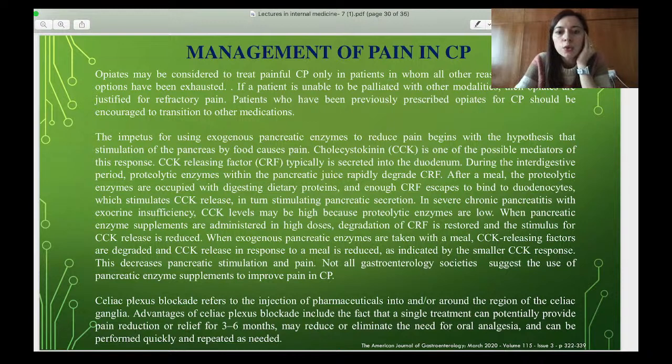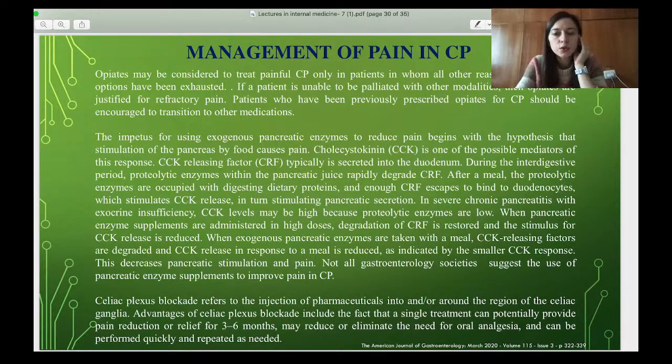When exogenous pancreatic enzymes are taken with a meal, releasing factor is degraded and cholecystokinin release in response to a meal is reduced, indicating a smaller cholecystokinin response. This decreases pancreatic stimulation and pain.